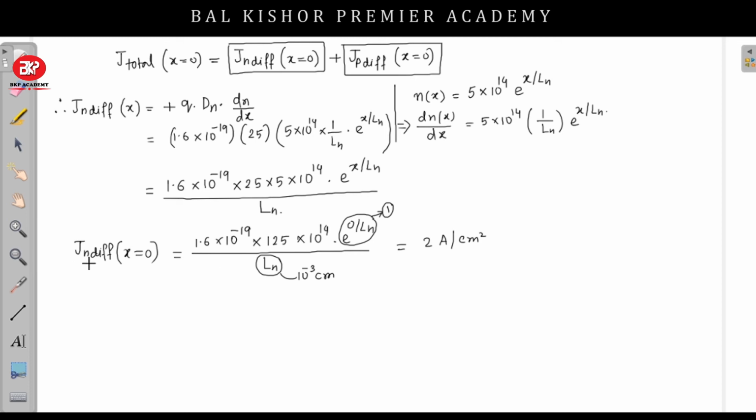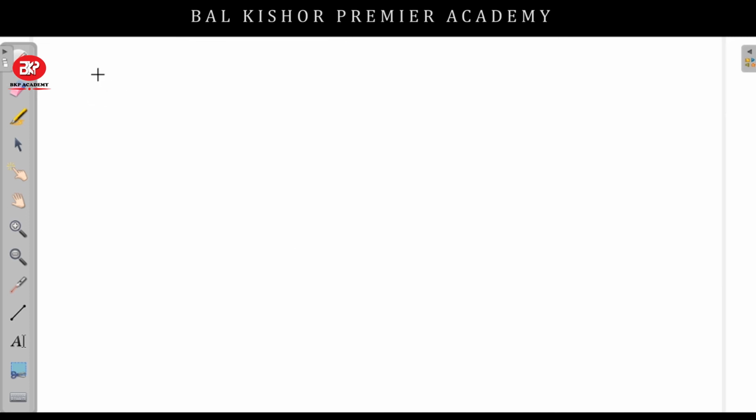So this is the value of Jn, the diffusion current for electrons at x equals 0, which is 2 ampere per centimeter square. Now let us find the current for holes. So this one is done, and we have to find this one now. Jp diffusion: the equation for Jp diffusion as a function of x is minus q into Dp into dp by dx.